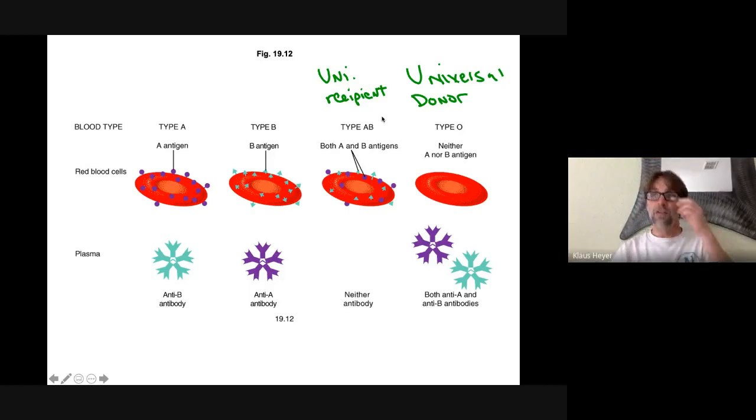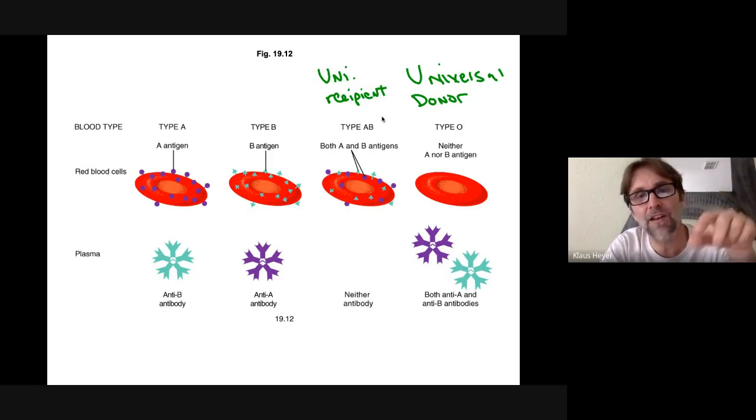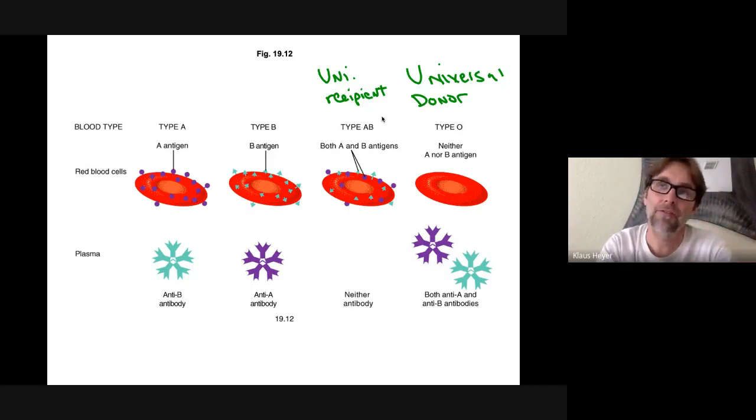So all your cells in your body have little markers on them that say they belong to you, except your blood. Every other cell in your body has proteins that sit on the surface of the cell, called MHC. We'll talk about those in another chapter. But your blood cells are different from other cells. They're not even technically cells.